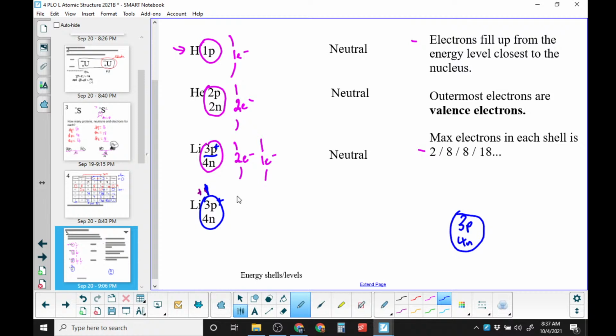So what would the electronic structure look like? That was actually really good because that was very clear to anybody that was confused. We took away that 1 electron, so 1 electron went away, and we have a plus 1 ion. So this is not neutral. This is an ion.